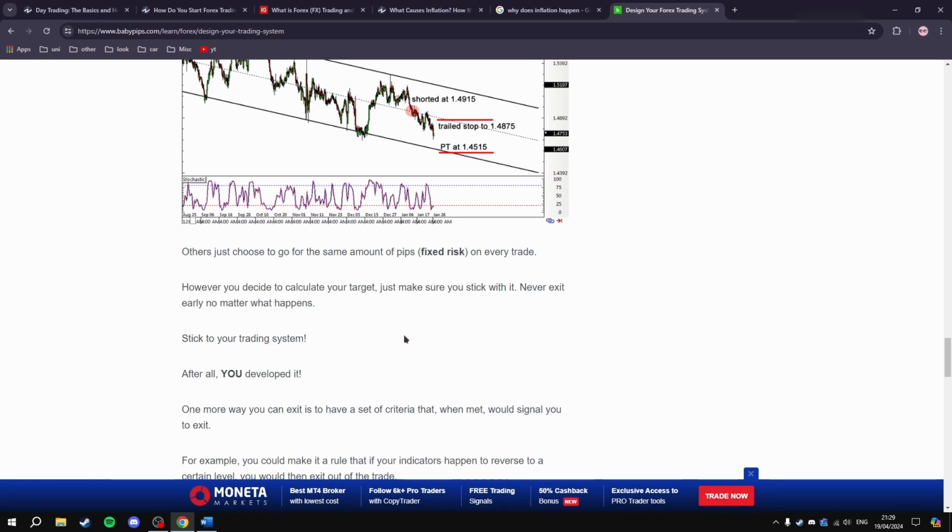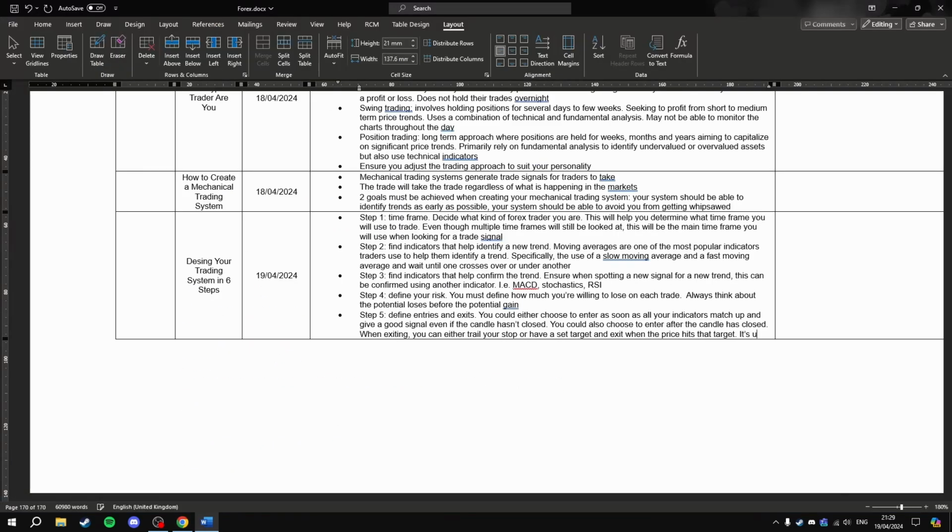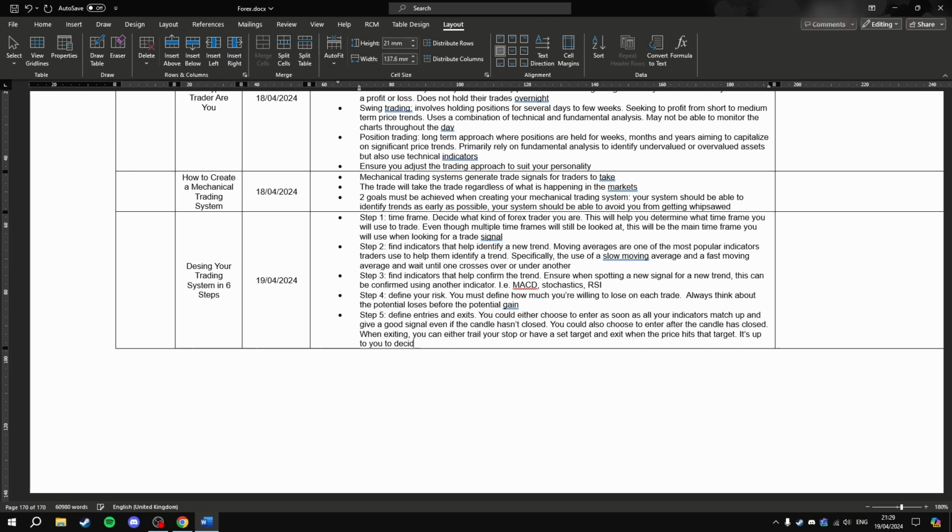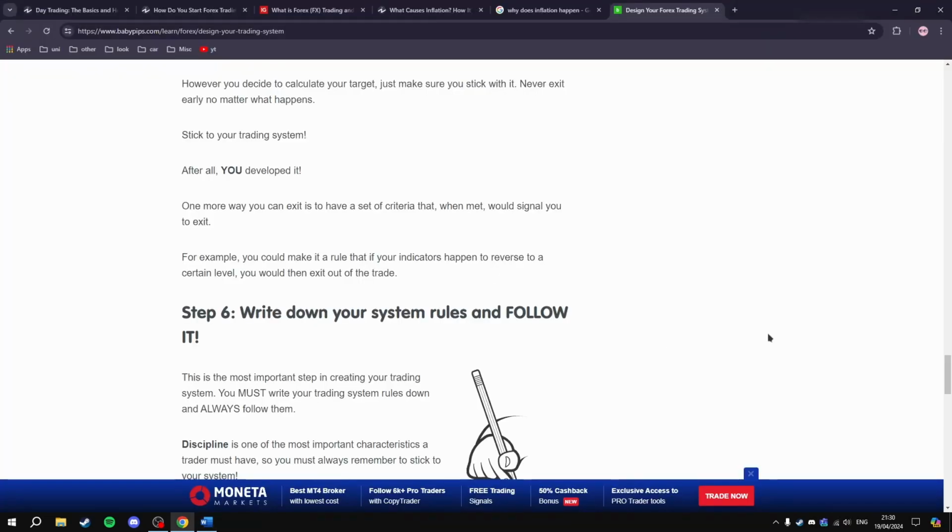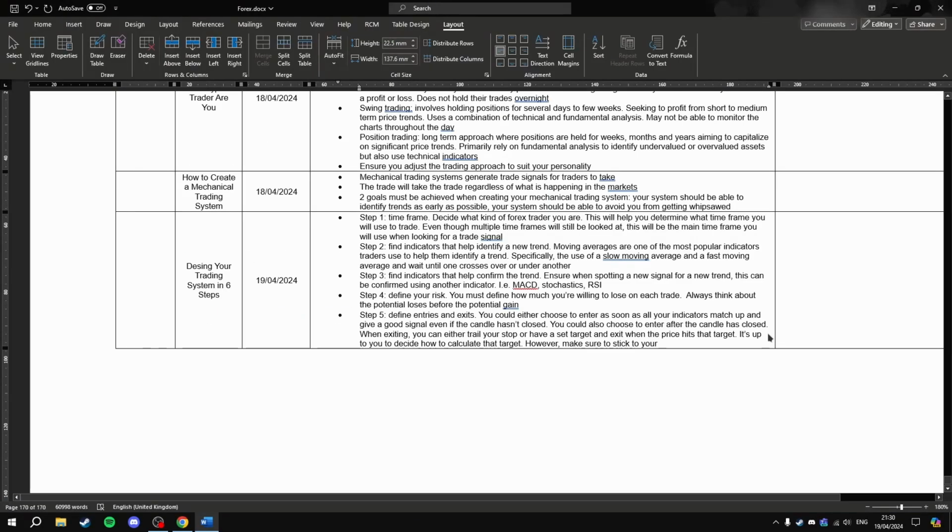Never exit early no matter what happens. It's up to you to decide how to calculate that target. However, make sure to stick to your target.